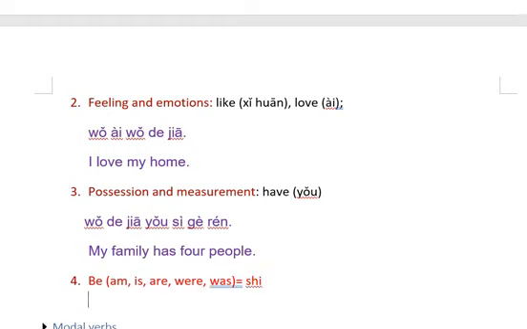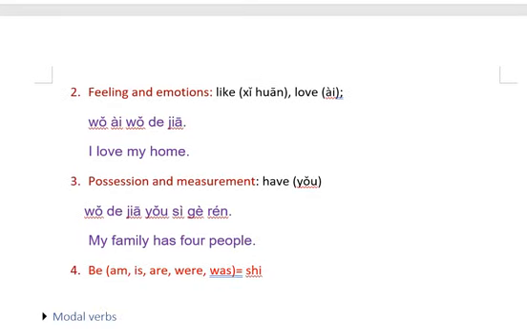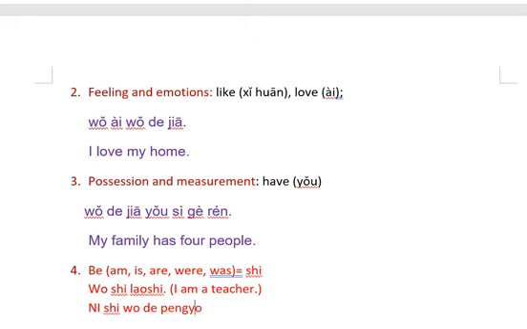So let's have a look at some examples. How do you say I am a teacher? 我是老师. In this way, 是 stands for am. It means I am a teacher. How about you are my friend? 你是我的朋友.